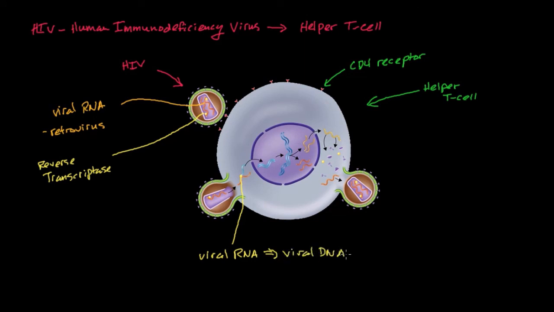In other words, reverse transcriptase transcribes viral RNA into viral DNA. And then that viral DNA will migrate into the nucleus of the helper T cell. So this is viral DNA, and it will fuse itself into the host cell's DNA.